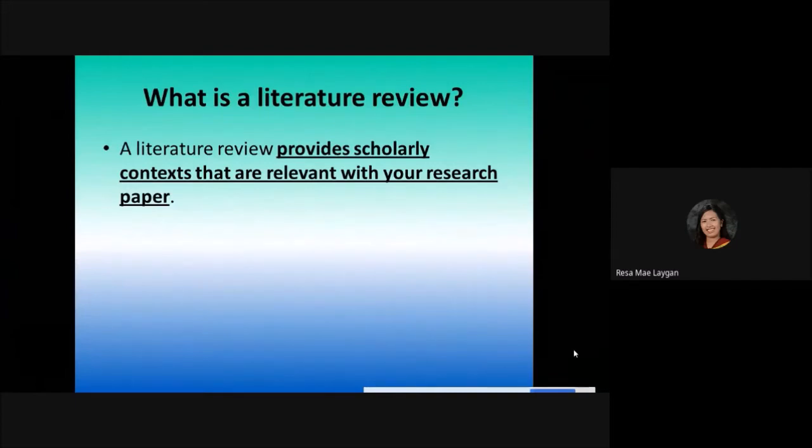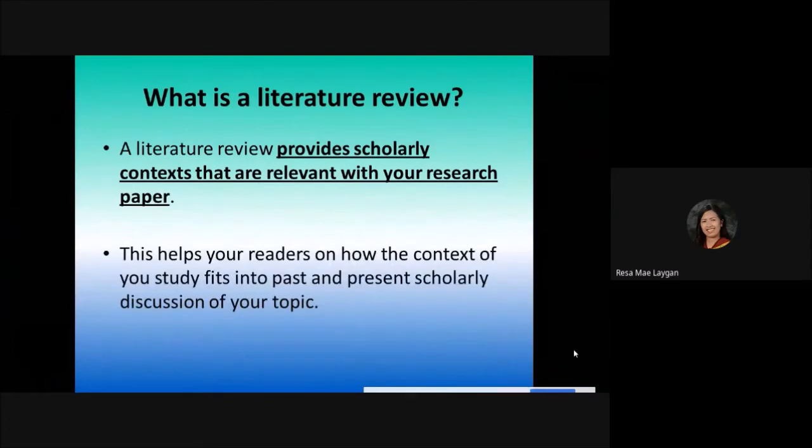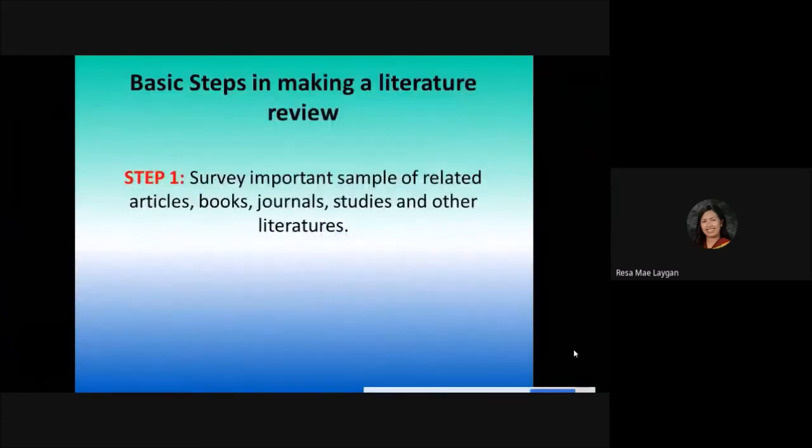This helps your readers see how the context of your study fits into past and present scholarly discussion of your topic. So you have to assess and verify the past studies and also the recent studies which are related to your topic.